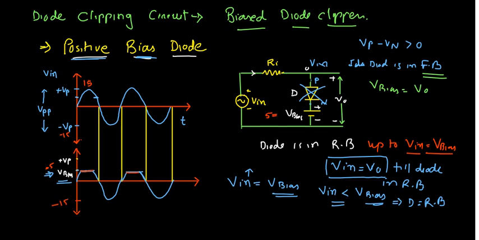And V in is given like V peak to peak equal to 30 volt. Okay, so the upper side is plus 15 volt and the lower side is minus 15 volt. Likewise this can also be given, so that it can be converted into an example. If you understood this theory, you can easily calculate the example related to the positive bias diode clipping circuit.